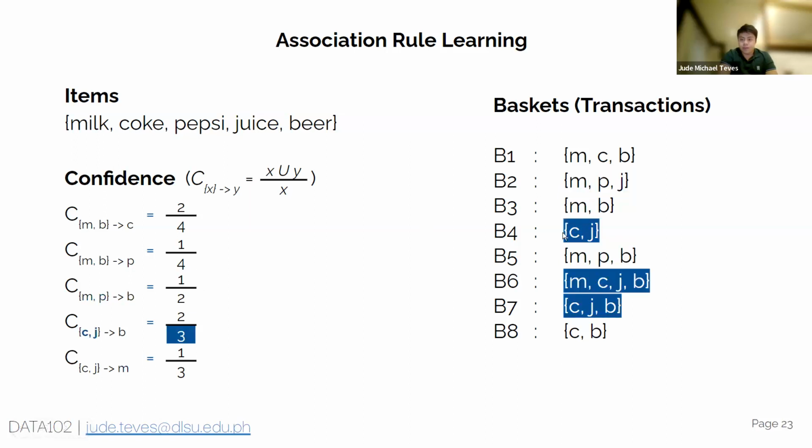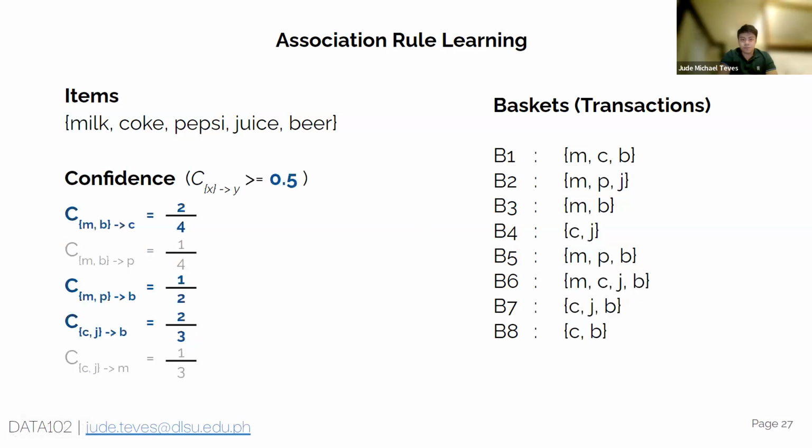For CJ, you have 3 baskets. So that's the denominator. And for the numerator, you only have 2. For CJ, also 3 for the denominator, but the one with M is just 1. So now we have computed all the confidence values.